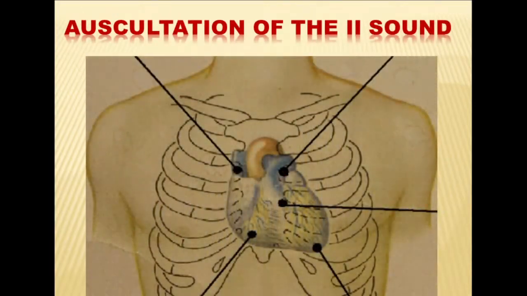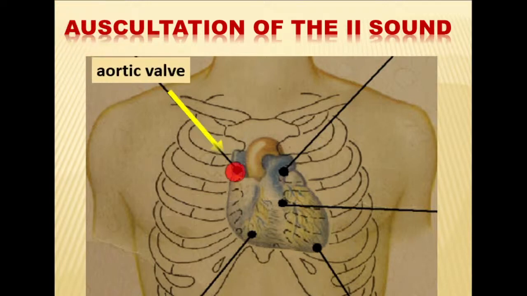Second sound characteristic: we remember it is a diastolic sound, whose main component is valvular components, the activity of the semilunar valves, and it will give the characteristic of the second sound on auscultation of the heart base.